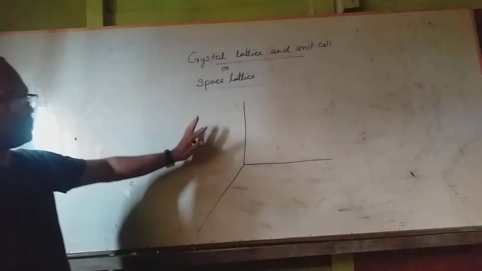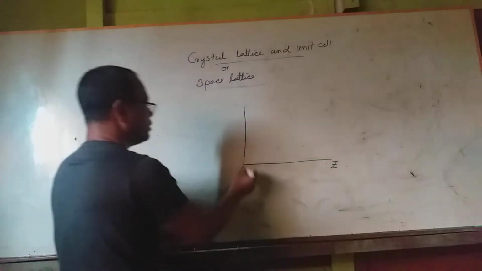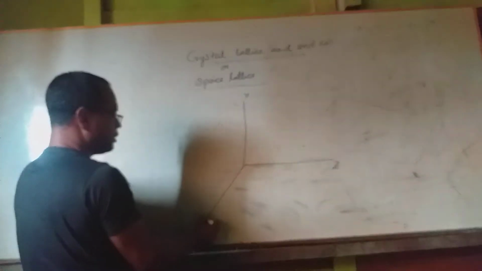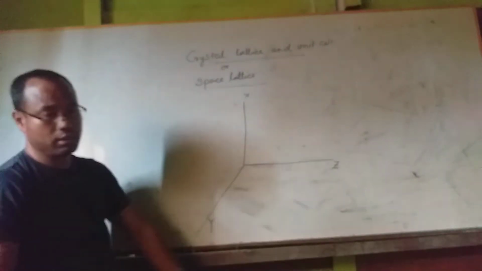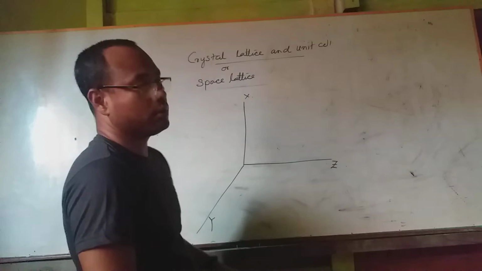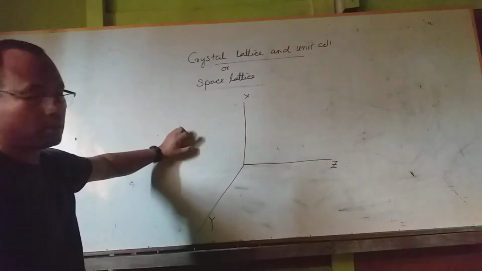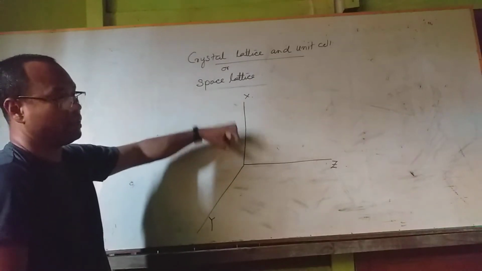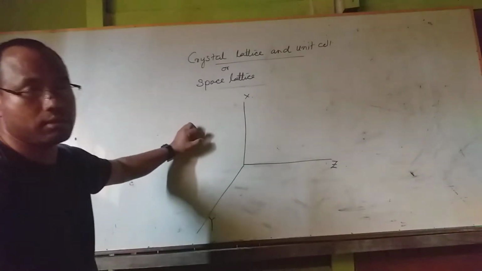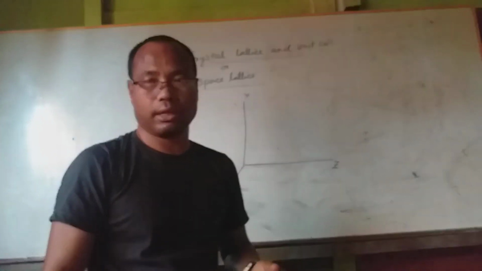Here we have the three coordinates: this is the z coordinate, this one is the x coordinate, and this is the y coordinate, right? So this is the three-dimensional space. For everything we construct, we require this space. That three-dimensional space where the constituents can be arranged in our crystal system is what we call the crystal lattice or space lattice.